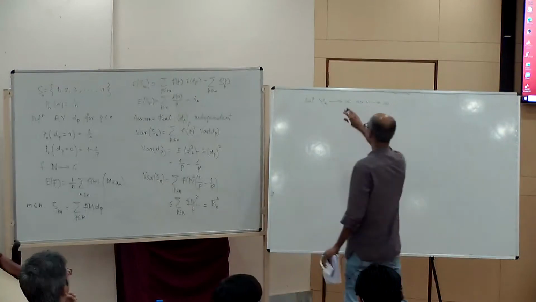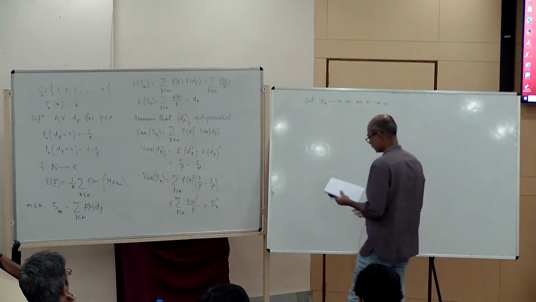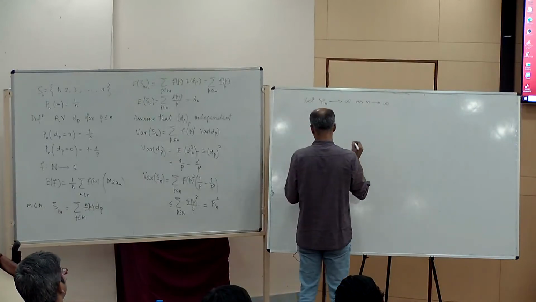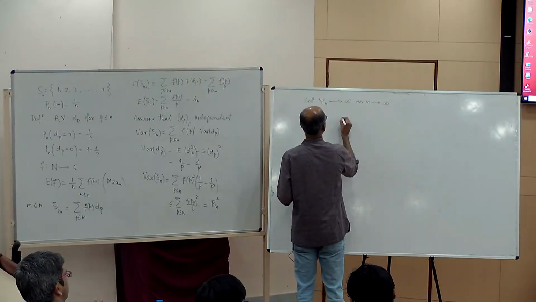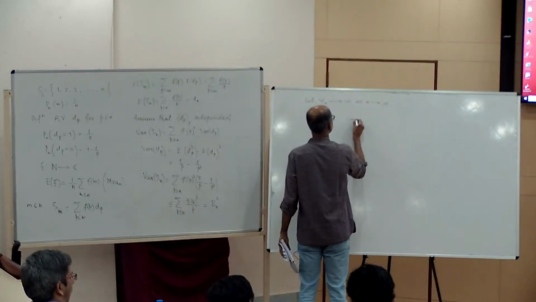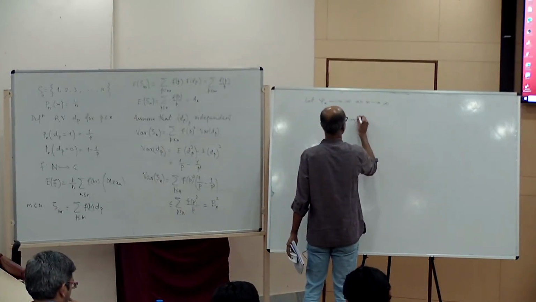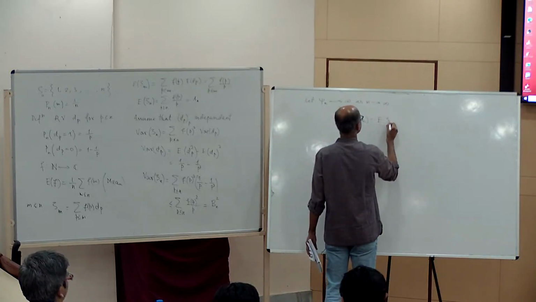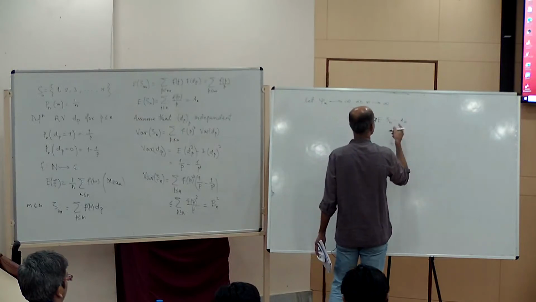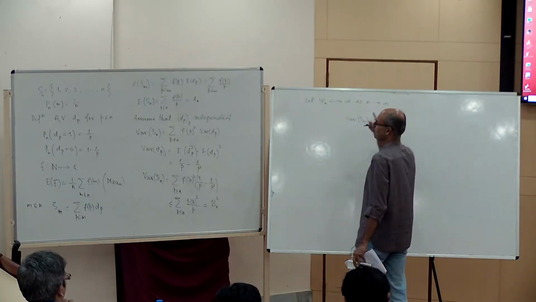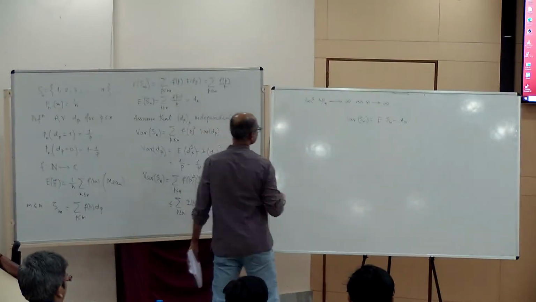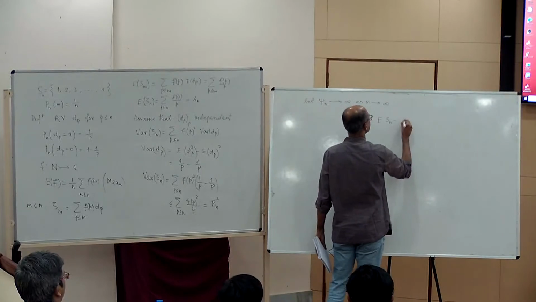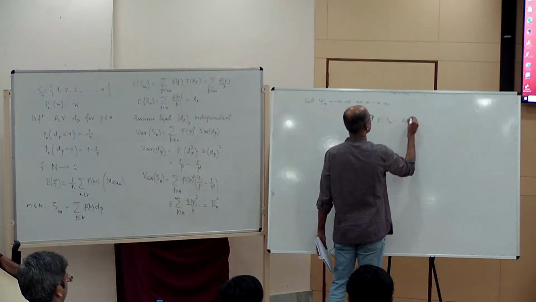It can be a very slowly growing function, but nevertheless it goes to infinity. Then start with the variance of zeta n, which is the expectation of zeta n minus the expectation of zeta n, which is a n, whole square.